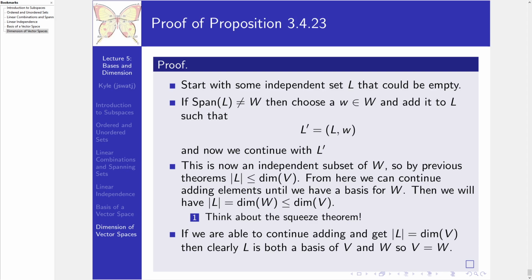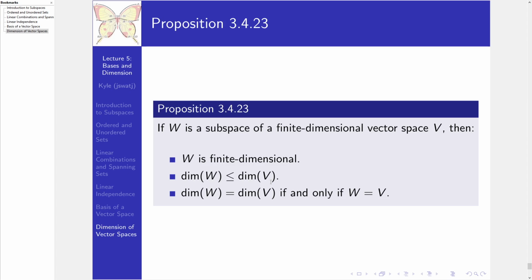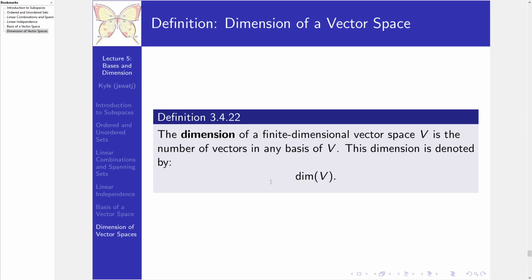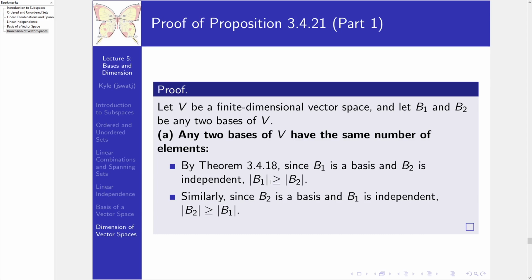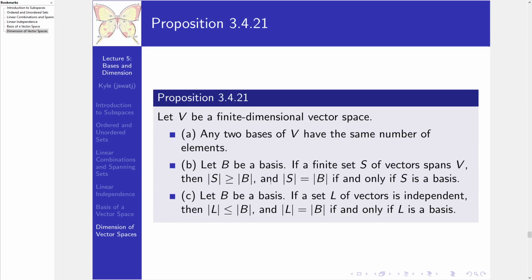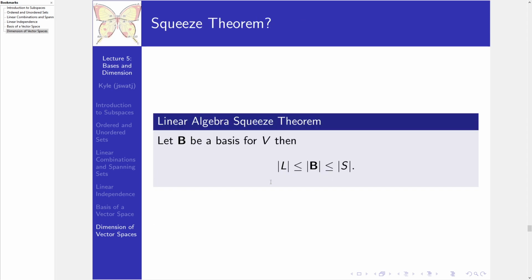And eventually, we'll continue this process of just adding vectors, and we'll get an independent subset of W. So by our previous theorem, the size of L will be less than the dimension of V, which is what we talked about back here. Basically, the squeeze theorem.